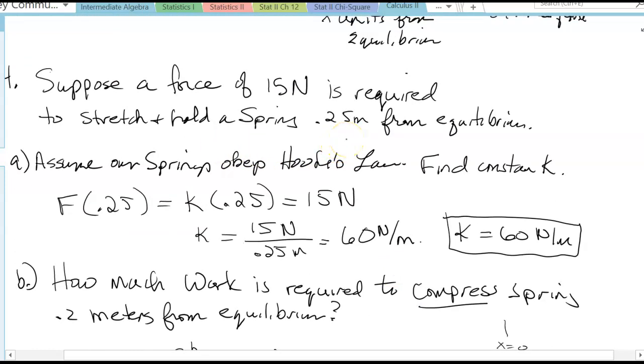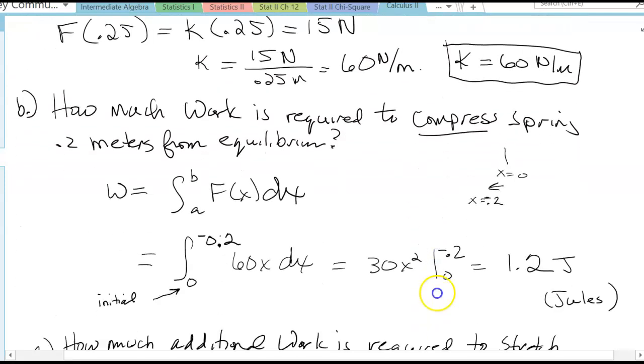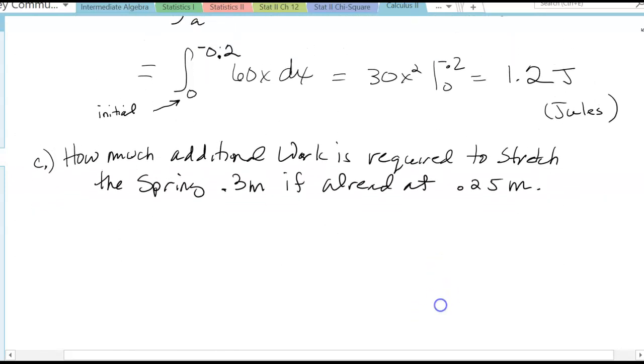So the question is, how much additional work is needed to go from that 0.25 to 0.30? And this is just a matter of distance again. That force is still exactly the same, 60x. So where are we initially? This is where you've got to be careful, because that initial position needs to be your lower limit.